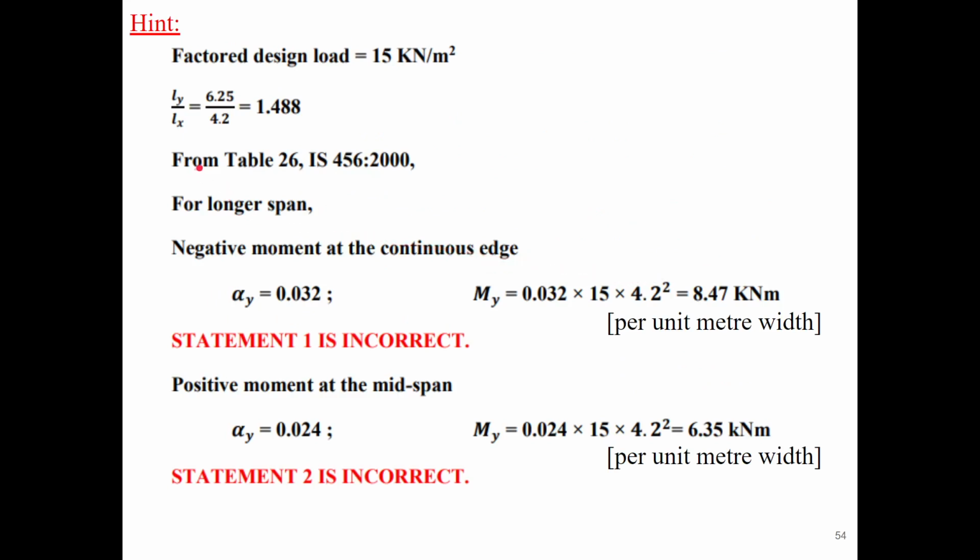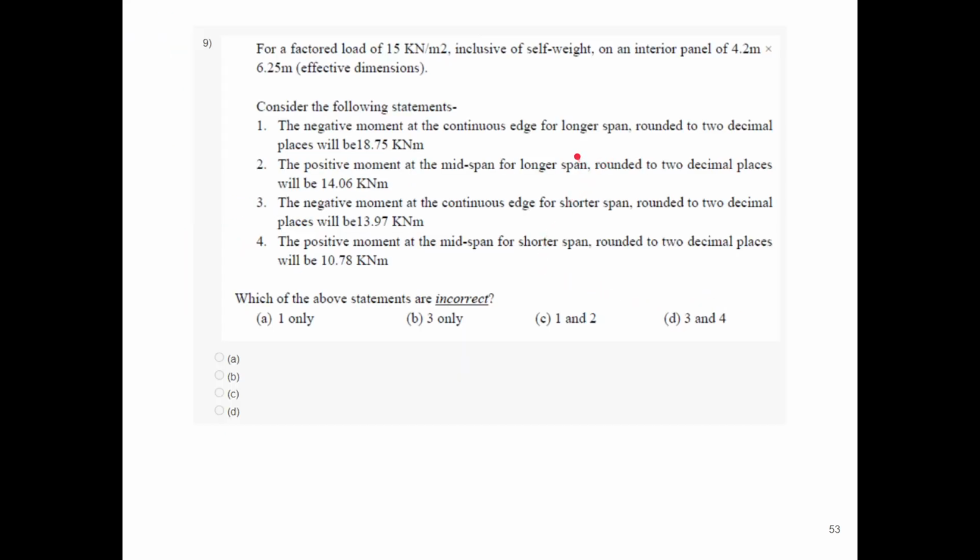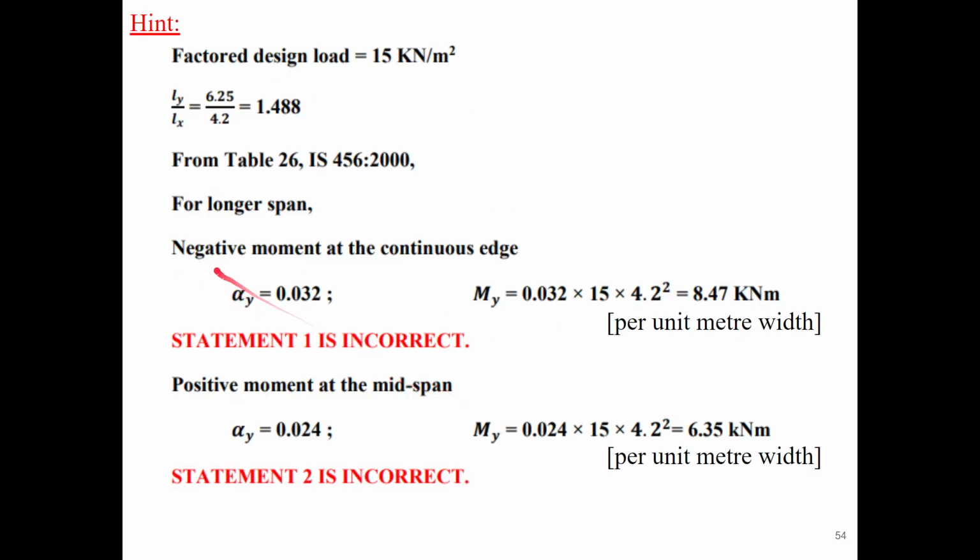So, as I told you, from Table 26, the first case, IS 456:2000, for longer span, negative moment at the continuous edge, the alpha y value will be 0.032.